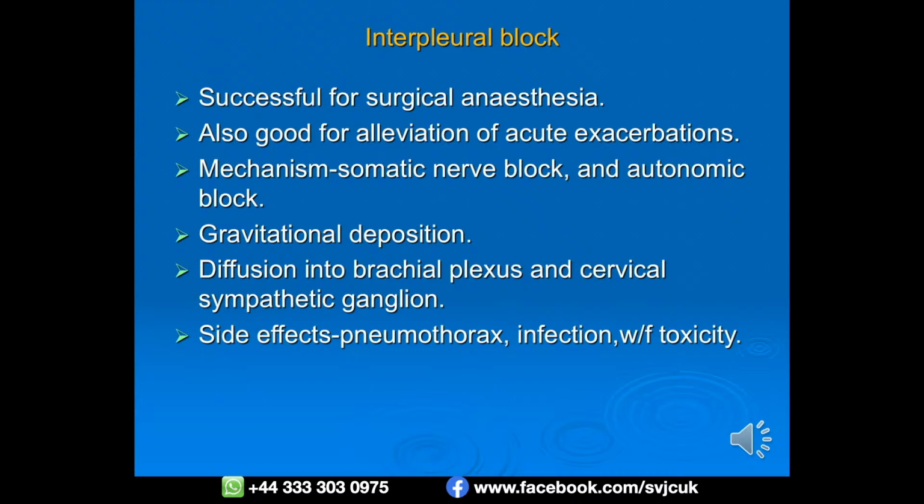Most of the time the deposition is due to gravitational force, and it is believed that it could lead to diffusion into the brachial plexus and even cervical sympathetic block when the local is deposited between the two layers of pleura. Important side effects to note and be careful about are pneumothorax, infection, and possibility of toxicity because local anesthetic spreads easily in the pleural cavity.